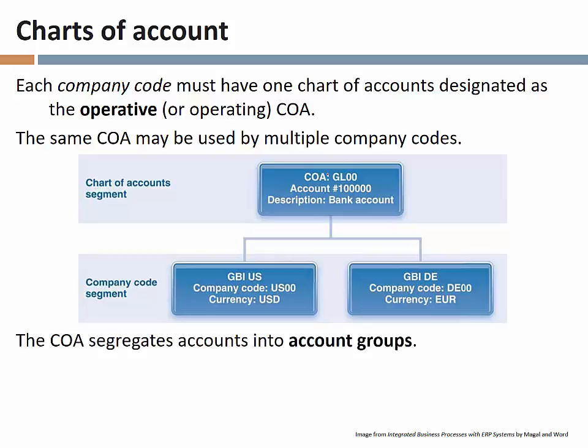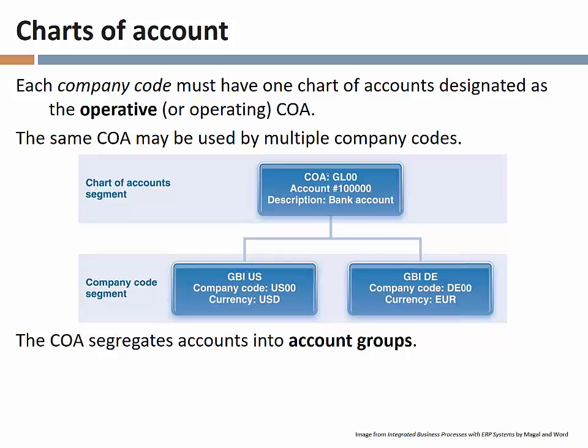Let's just go to this next point. The chart of accounts, we said that there are account types, where the 2 account types are balance sheet or profit and loss. There are also account groups. Account groups are different than account types.